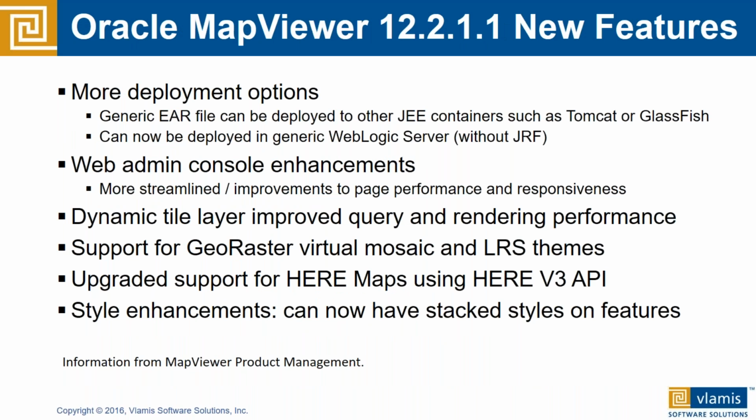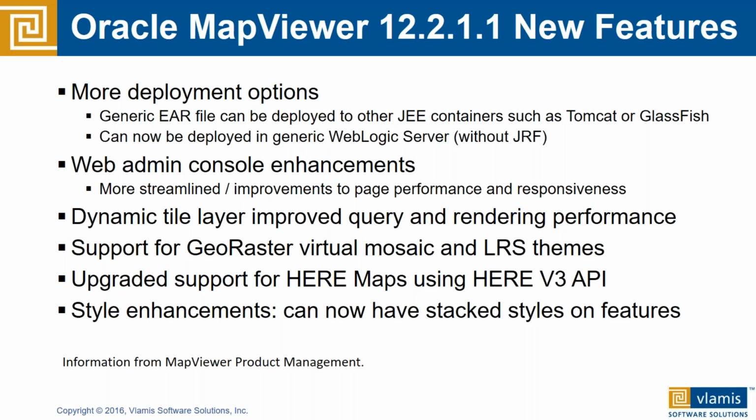I also wanted to give a quick plug to the MapViewer people. They have a new release as well, 12.2.1.1 of that. Some of the things in here are more deployment options. You can use EAR files, it can be deployed to other containers, for instance Tomcat and GlassFish, and you can now deploy it to a generic WebLogic server.